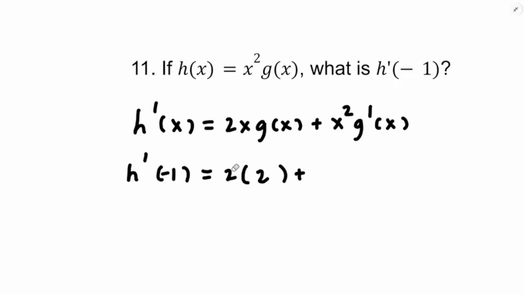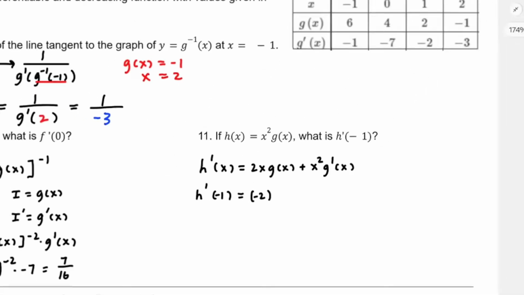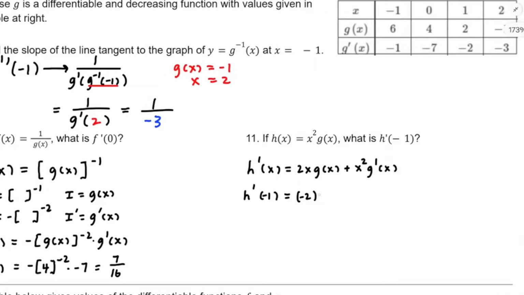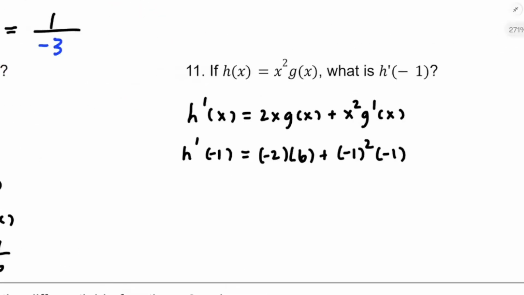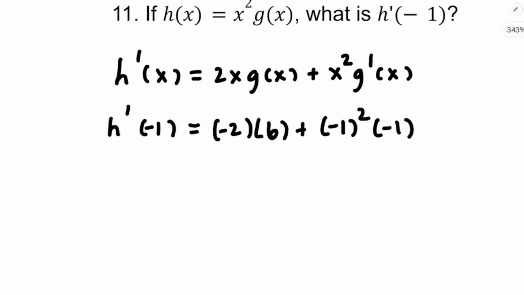Okay, so it's going to change this. 2 times negative 1 times g of negative 1 was 6 plus x squared. g prime of negative 1 is negative 1. So negative 12 minus another 1 is negative 13.